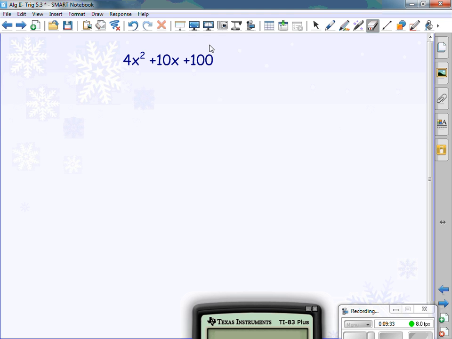See if I can pull anything out. See if I can factor anything out. What comes out of all of these? 2. I can pull a 2 out. I pull a 2 out, I am left with 2x squared plus 5x plus 50.